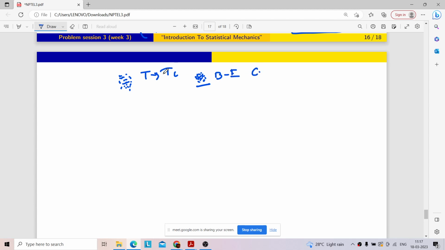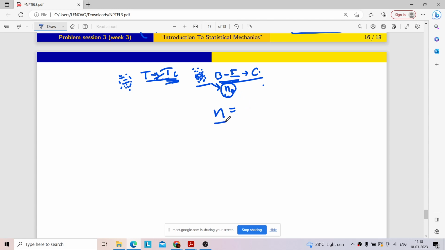So for that we need to reach the critical temperature. In that state, if there are n particles, some number of particles will show this Bose-Einstein condensate behavior.